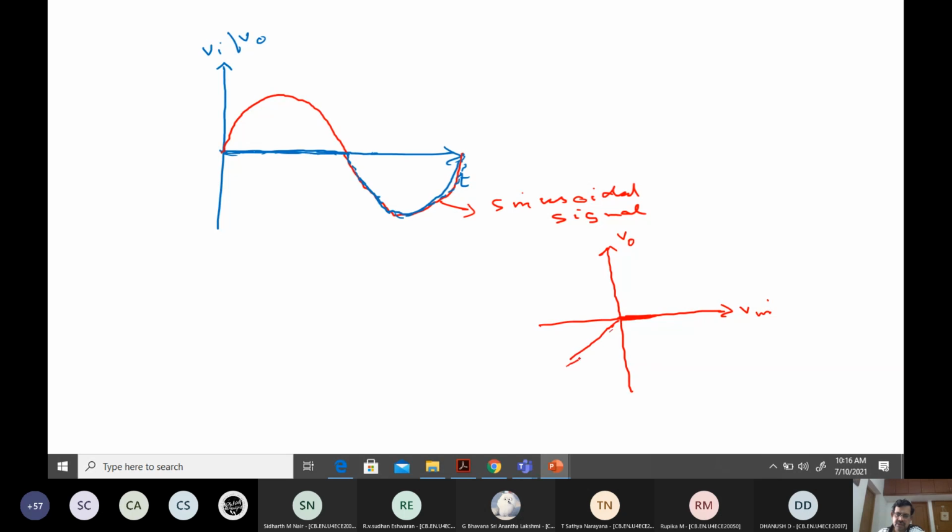So assume that it is drawn at 45 degrees. So you can see that. The output merely follows the input in case of the positive shunt clipper, but the way the circuit connection is made is very important.